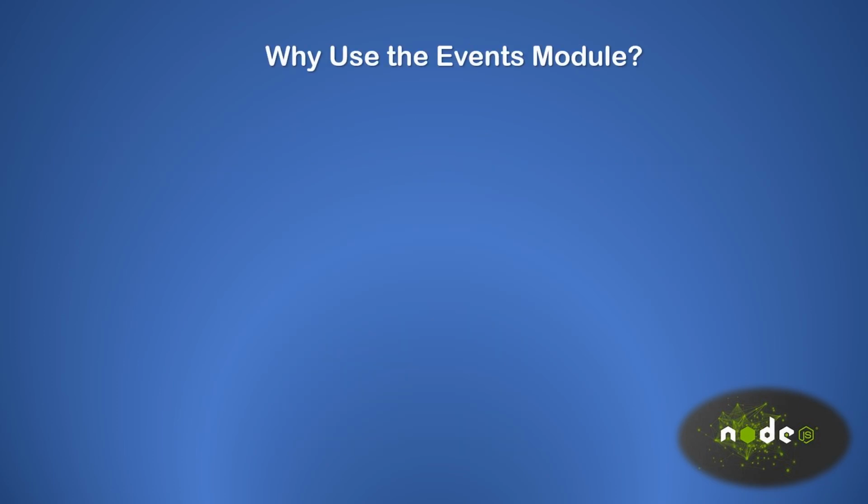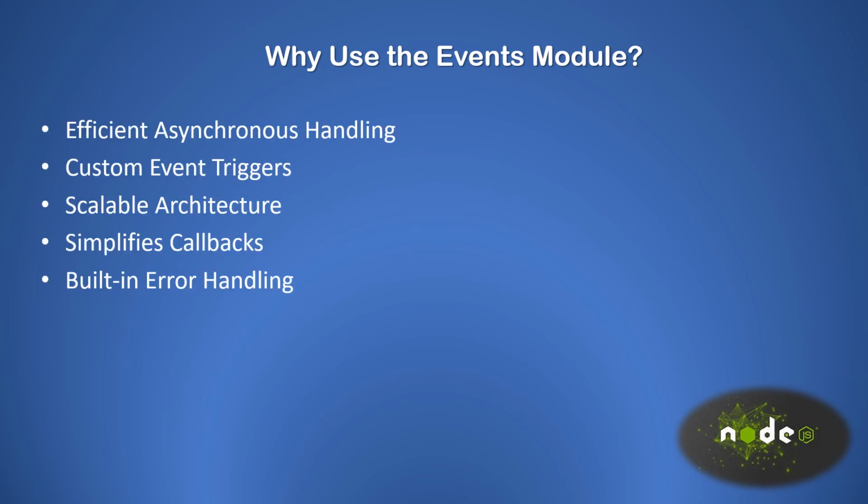So why use the event module? The first one is efficient asynchronous handling. Events enable non-blocking behavior, so it is very useful for asynchronous operations. Second, custom event triggers. Easily create and manage custom events in your application. Third, scalable architecture. Event-driven systems are ideal for handling large-scale applications.